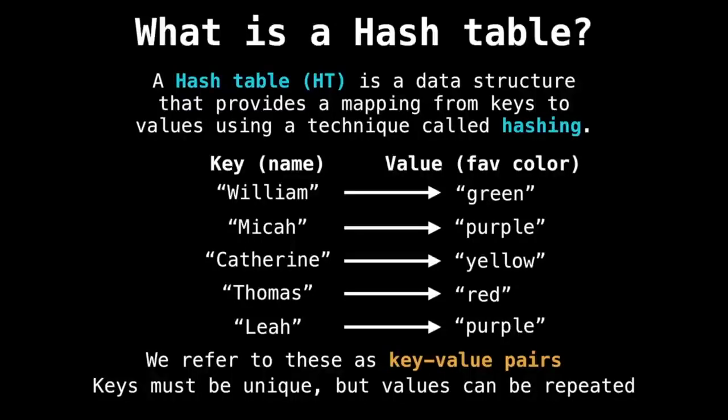So for instance, keys could be people's names, and the value could be someone's favorite color. So William's favorite color is green, Micah's is purple, Catherine's is yellow, and so on. And we call these key value pairs. So each key is associated with a value. All of the keys have to be unique, the values don't have to be unique. For example, Micah's favorite color is purple, but also Leah's favorite color is purple.